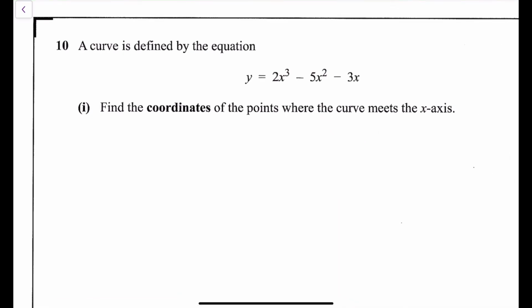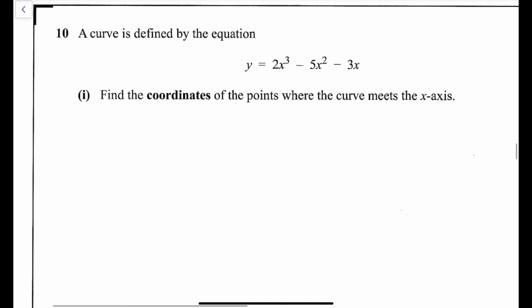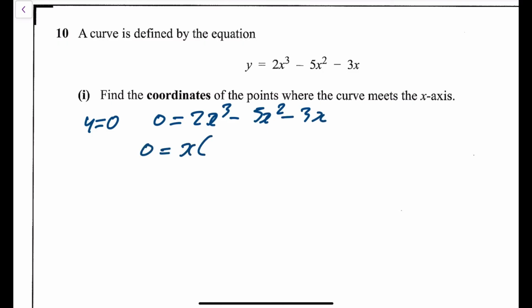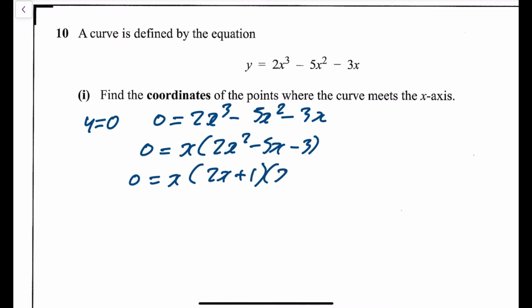Okay, a curve is defined by the following equation. Find the coordinates of the points where it meets the x-axis. So we want to put y equal to 0 then. So 0 equals 2x cubed minus 5x squared minus 3x. This factorizes. You can pull out an x first of all. And then that's going to be 2x plus 1, x minus 3.